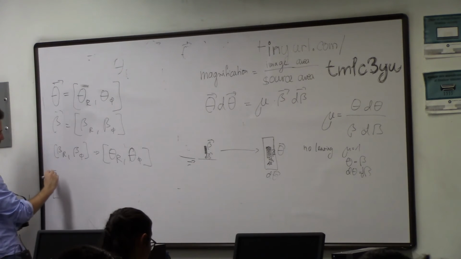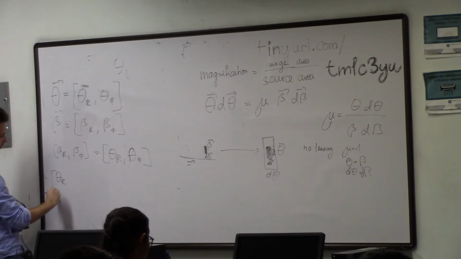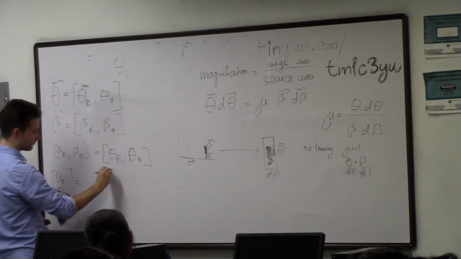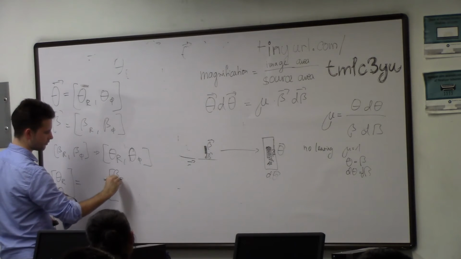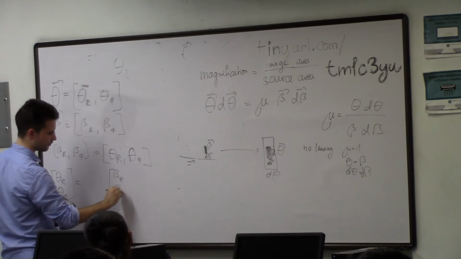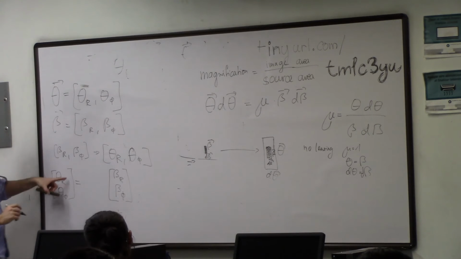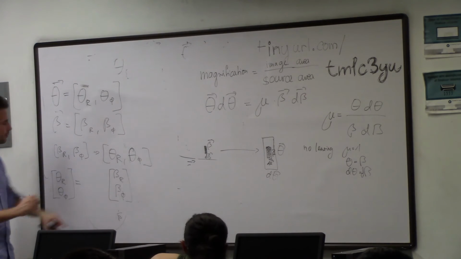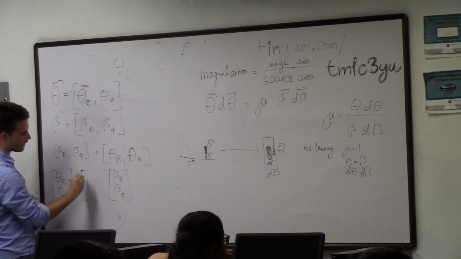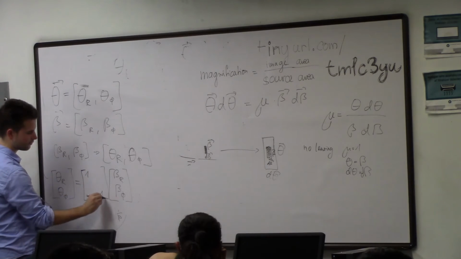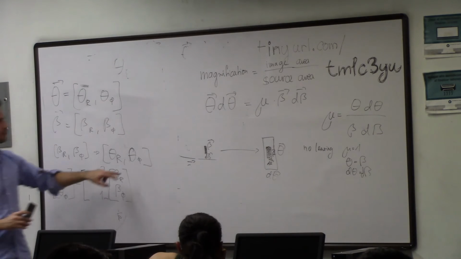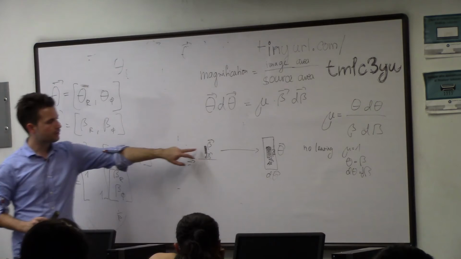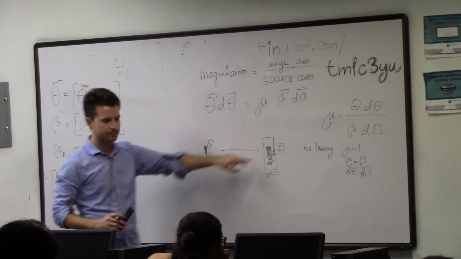So if you consider this as a two-dimensional vector, if there is no lensing, you get these two components from these two components just using an identity matrix. Because what happens now is your source stays the same.